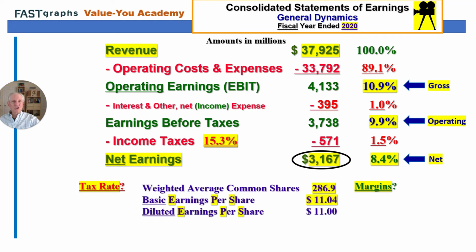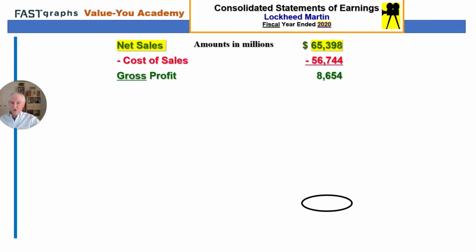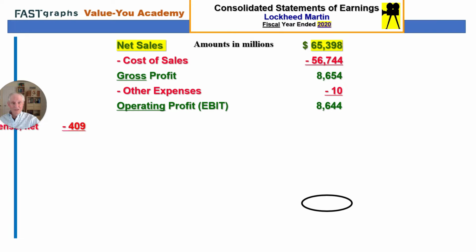All right, last slide is Lockheed Martin. They are a larger company than General Dynamics. They have more sales. They've got some cost. A gross profit of 8.6 after cost. They got some other operating expenses. They're down to 8,644 in EBIT.